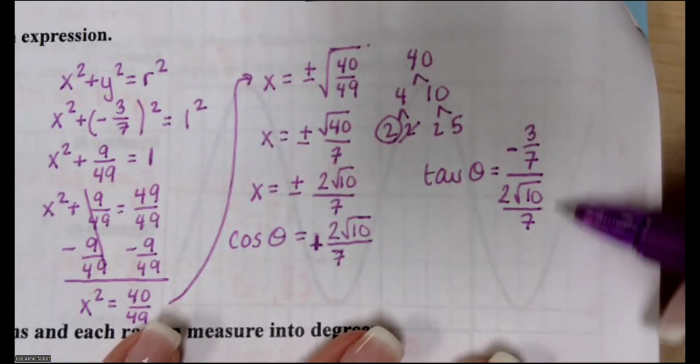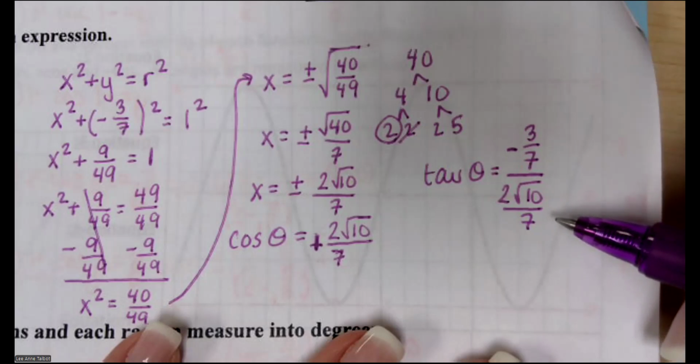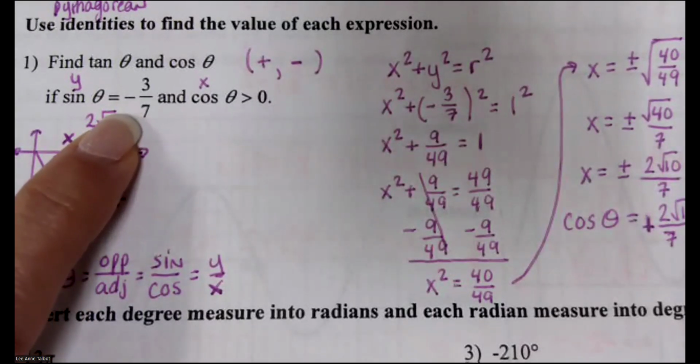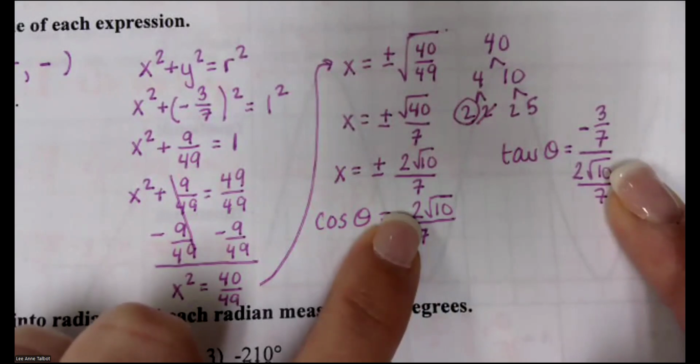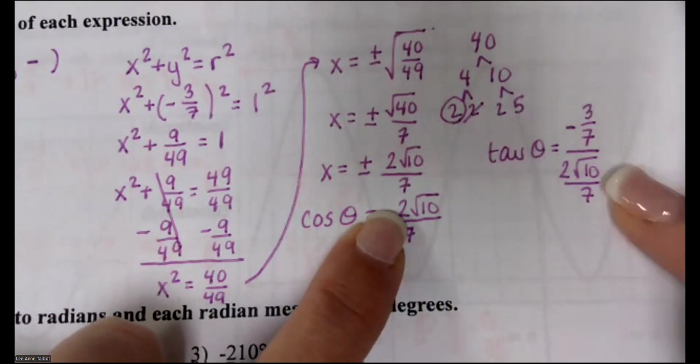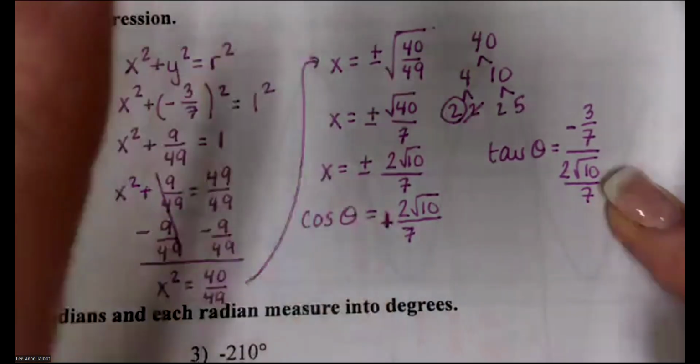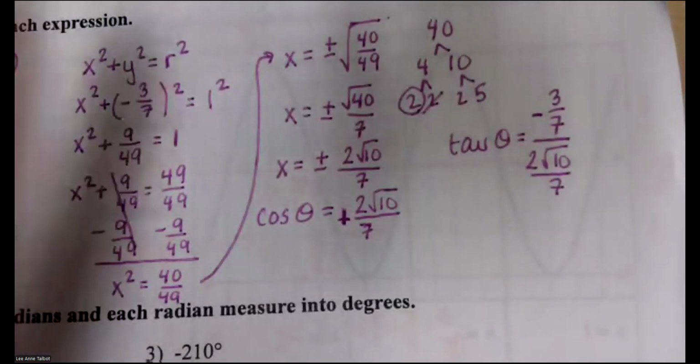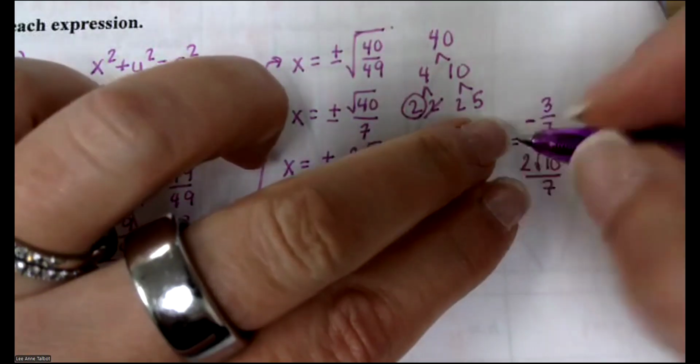And do you see where this came from? So sine is here. Cosine is here. Sine is from the problem. Cosine is what we got in our answer. Okay, now on these problems, you will notice that the denominators will cancel out.